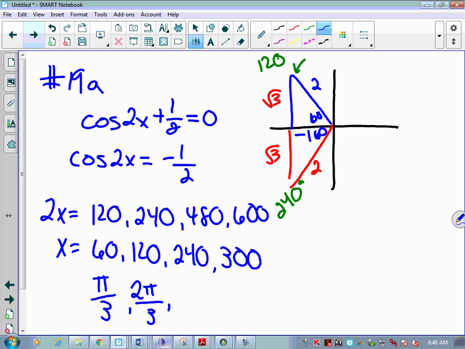For 240, we're going to get 4 pi over 3. And for 300, we should get 5 pi over 3. Okay, but just to save us the time in calculating that, all we're doing is dividing those by 180, hitting math fraction, and setting up with a pi in the numerator. Okay? So does that help out on A?